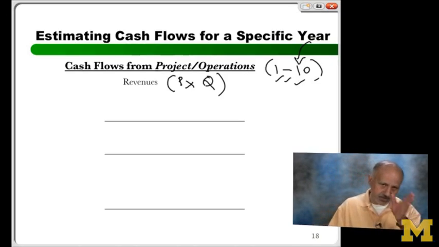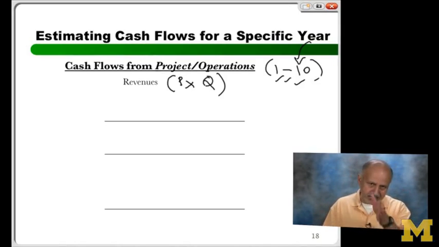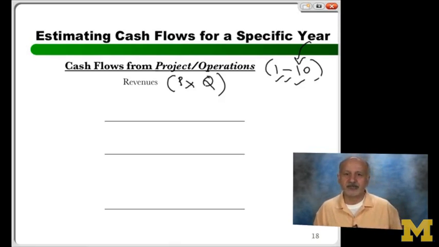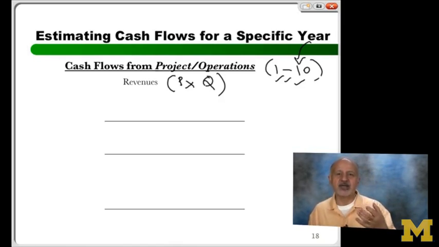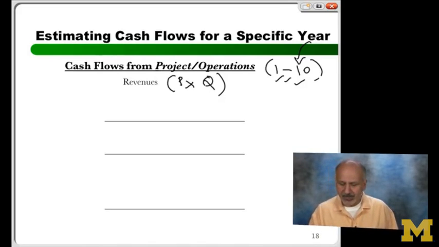The price is the market price determined by the marketplace for your commodity or your service, right? It could be anything. It's the willingness of people to pay is the price, and your quantity is determined by, again, the demand. Okay? So this is easy, and I'm going to, for the time being, assume that's $5 million.